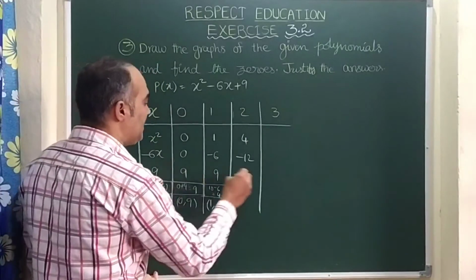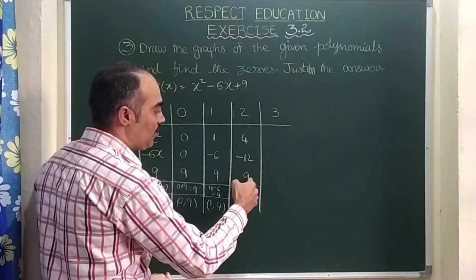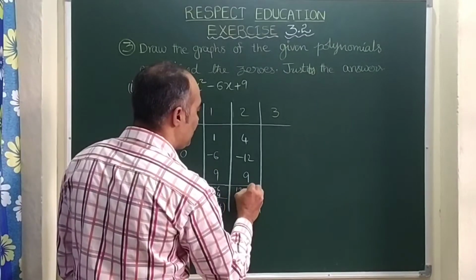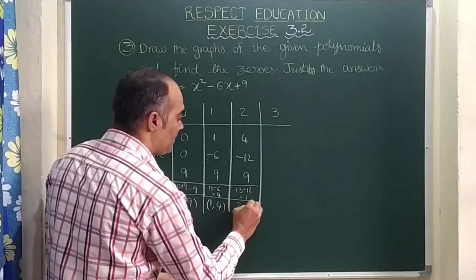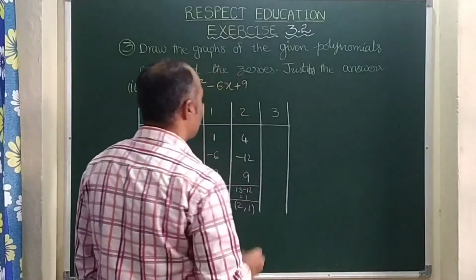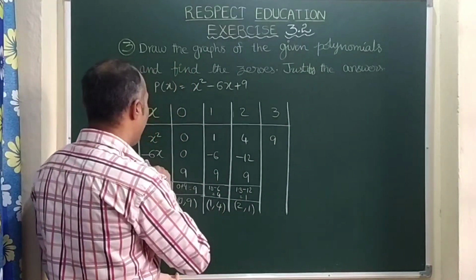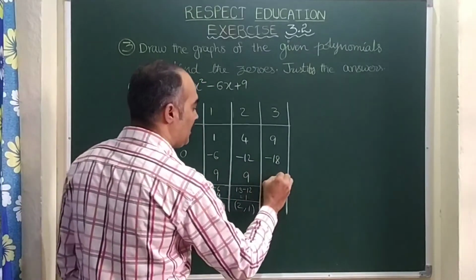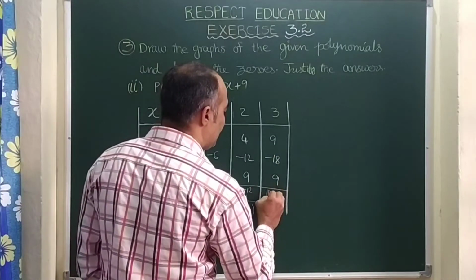The constant 9 as it is. 4 plus 9 is 13. 13 minus 12 is 1. So here 2 comma 1. Now this last value, 3. 3 square is 9. Minus 6 into 3 is minus 18. This is 9 as it is. 9 plus 9 is 18. 18 minus 18 is 0.